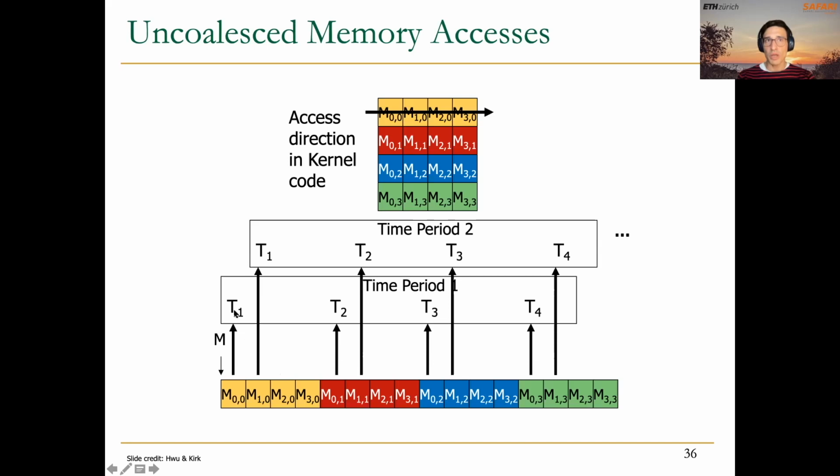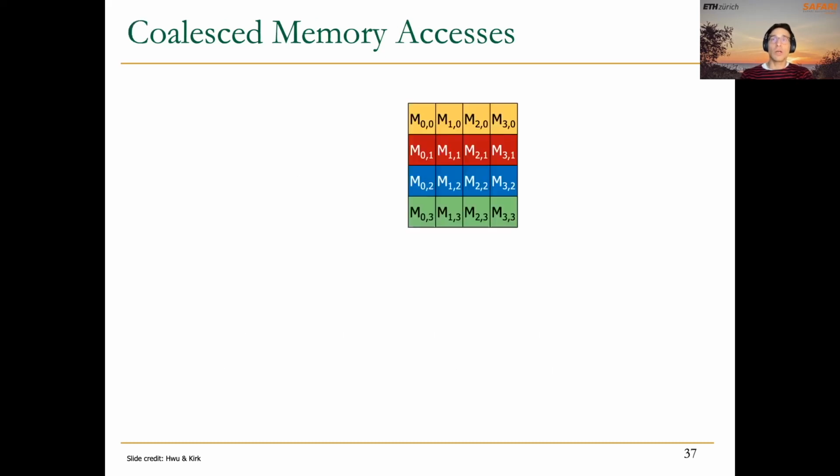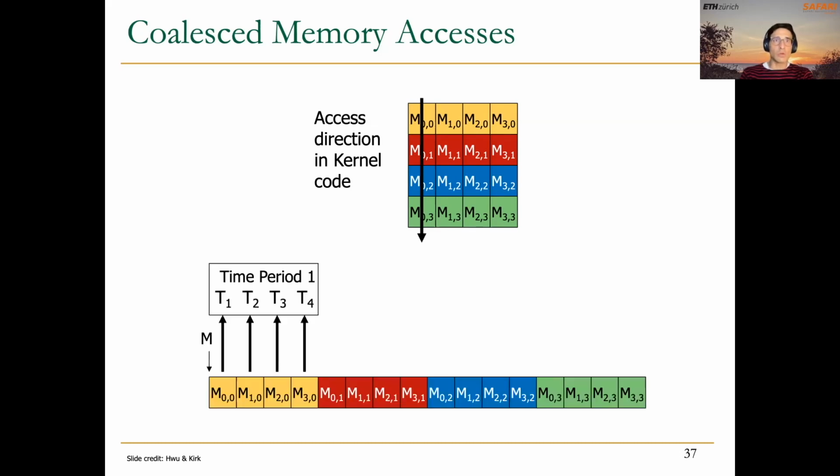However, the problem here is that the distance between the elements that consecutive threads are accessing in the same cycle, in the same time period, is pretty long. This long stride means they need to access data in different DRAM bursts. And that's why we have an uncoalesced memory access. However, we could distribute the computation so that the access direction in the kernel code is vertical, as given by this arrow.